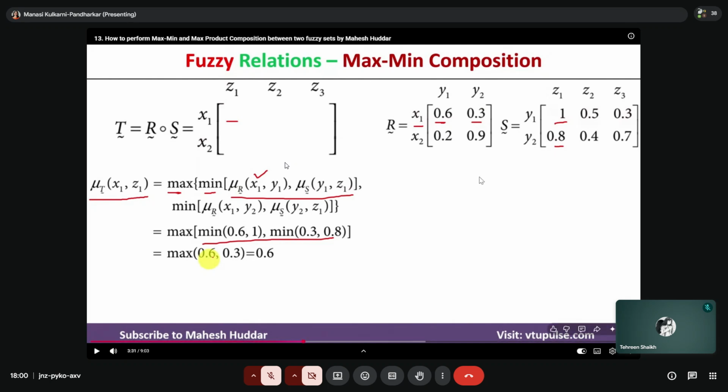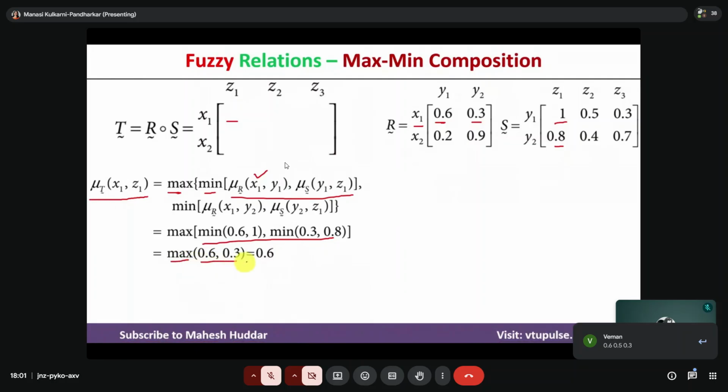So can we start with the new one now? Once you get those particular values, we need to get what? The maximum between these two is equivalent to 0.6 here. So this is how we can easily calculate the membership value of x1, z1 in this case.